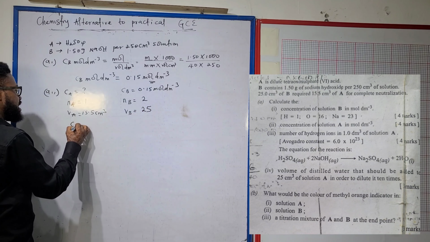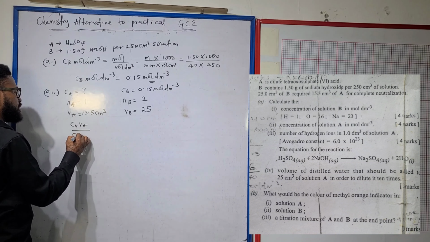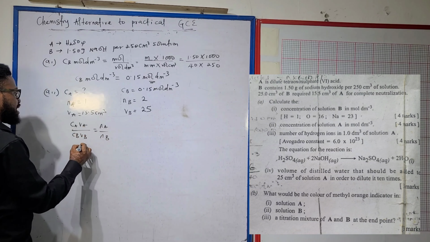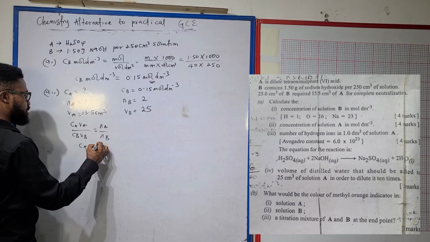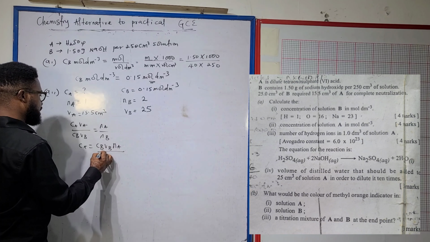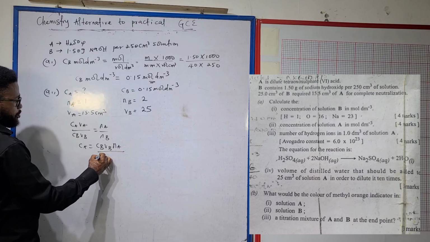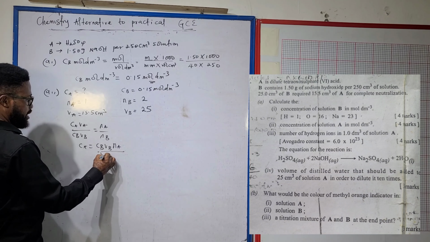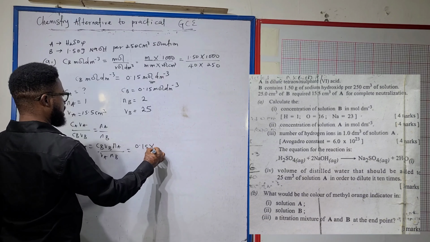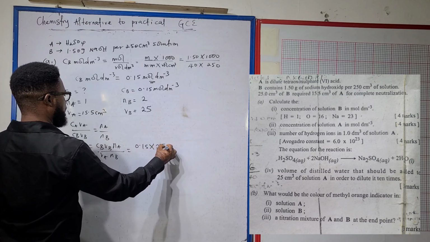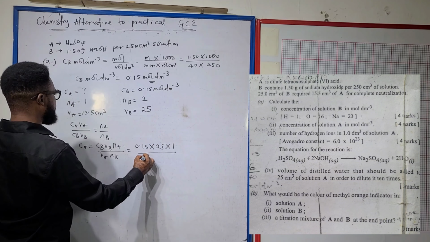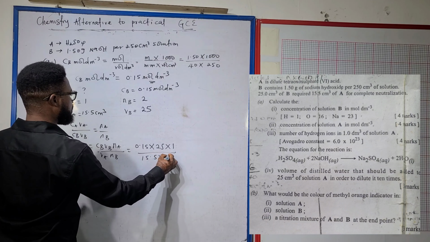So Ca Va over Cb Vb equals Na over Nb. My Ca, if I make that the subject, is going to be Cb Vb Na divided by Va Nb, and Cb here is going to be 0.15 times Vb is 25, Na is 1, divided by Va 15.5, Nb is 2.